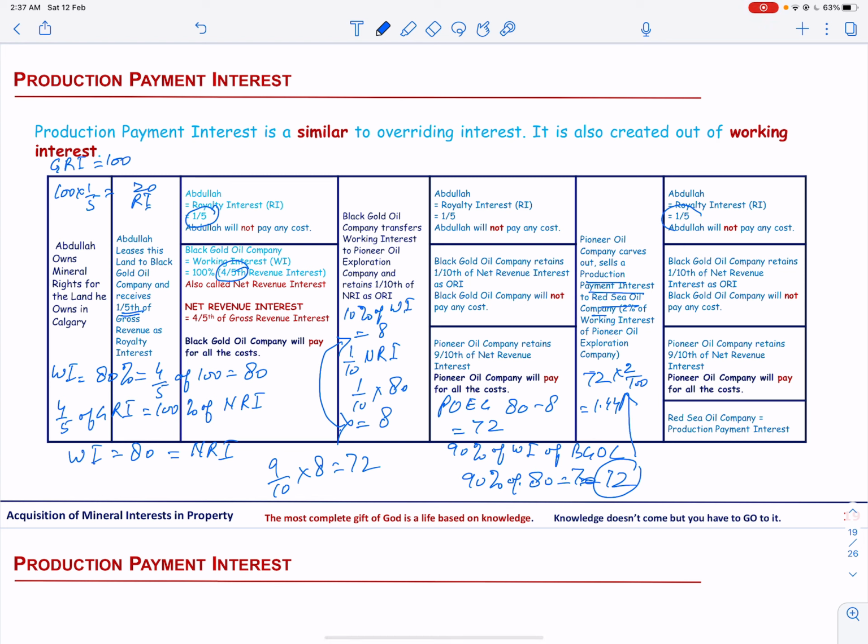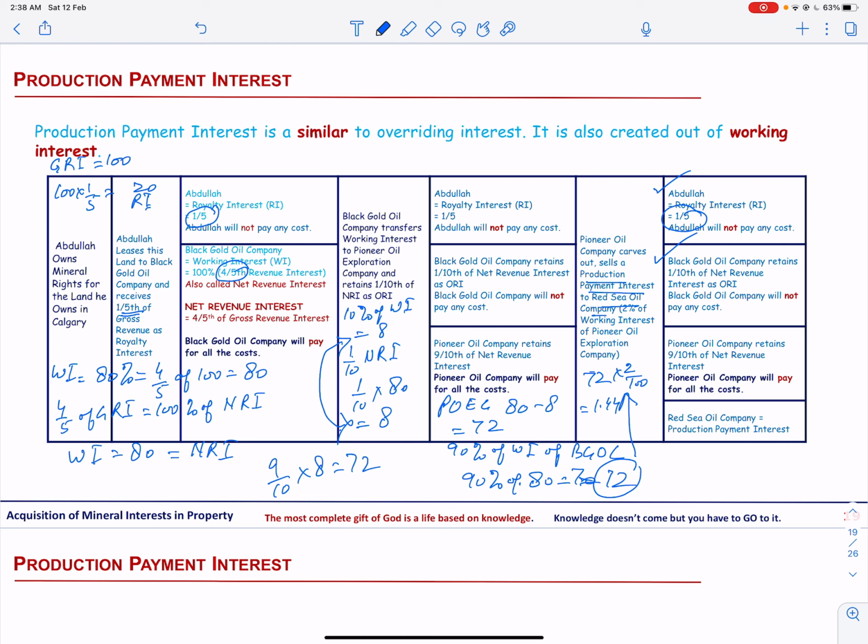Abdullah has still the royalty interest of 20%. Black Gold Oil Company, they are having 1/10 of the net revenue interest as overriding interest, and both Abdullah and Black Gold Oil Company will not pay for any cost incurred in production of oil.